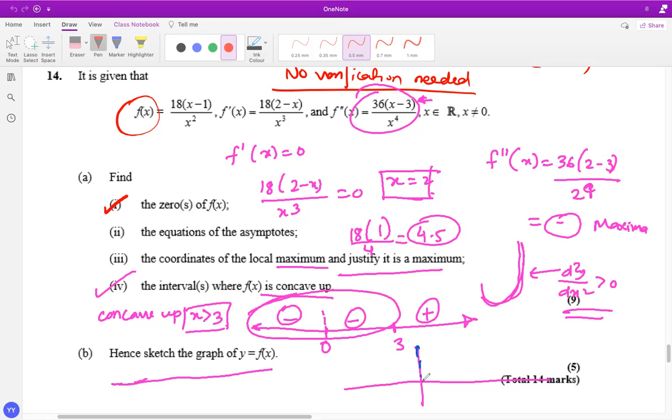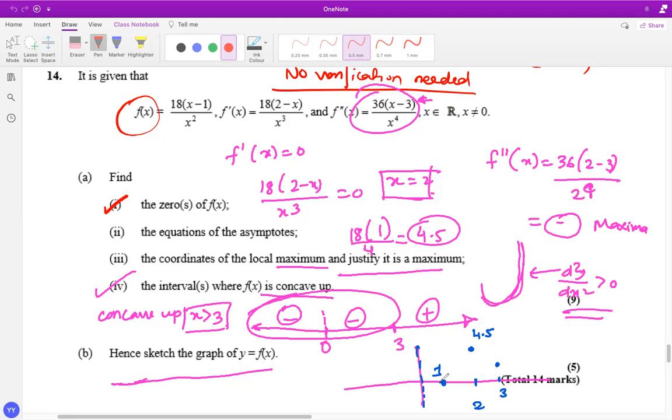At 1 there was a root. At 2 there is a maximum value, which is 4.5. At 3 there is a point of inflection. The y value at 3 is 18 times 2 over 9, some numerical value which is obviously lower than 4.5, because 4.5 is the maximum.